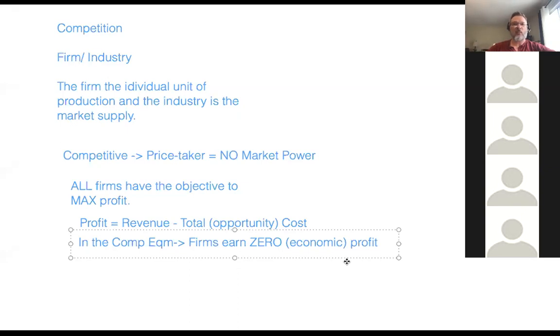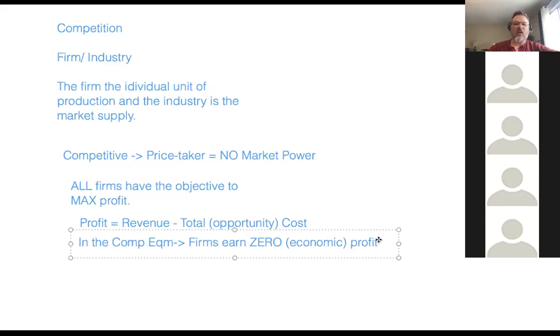If somebody tells you, listen, businesses are trying to maximize profits, but at the end of the day they end up with 0 profit, that should cause a little firestorm in your brain. And you should say, whoa, wait a minute. How is that? Well, it's because we have this special definition of profit that we're using. 0 economic profit includes a normal rate of return from an accounting perspective. So even if you're earning 0 economic profit, remember, on average, businesses make about 7% accounting profit per year. That's normal.